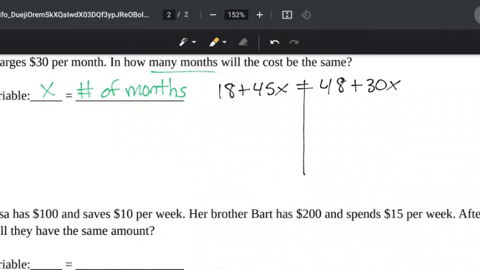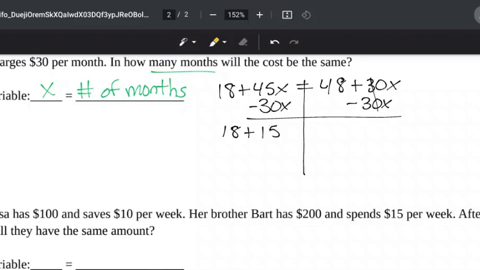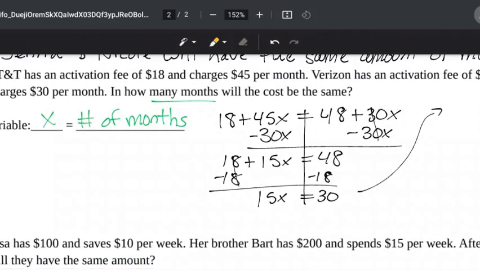Okay. So let's go ahead and solve. I'm going to subtract 30x from both sides. And we get 18 plus 15x equals 48. Then we subtract 18 from both sides. We get 15x equals 30. Then we are going to divide, carry this up here. 15x equals 30, divide by 15.